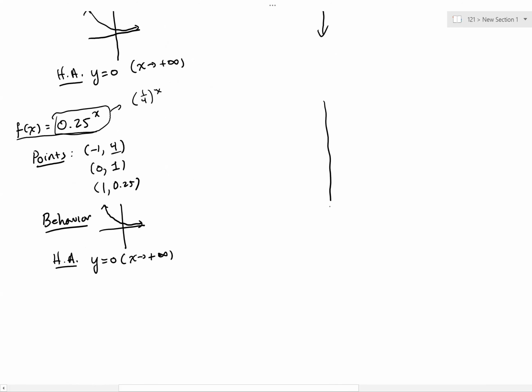So knowing that, we can sketch this graph pretty quickly. So we have -1, 4. We have 0, 1. And we have 1, 1/4, but I'll write it as 0.25, right about there. So it looks like that.